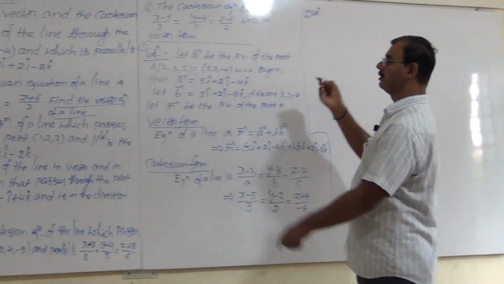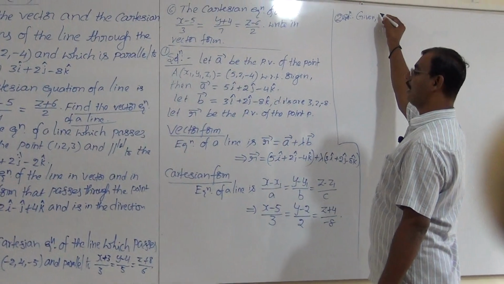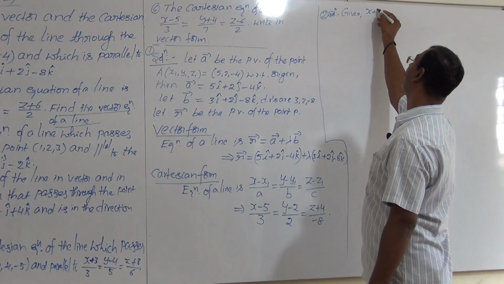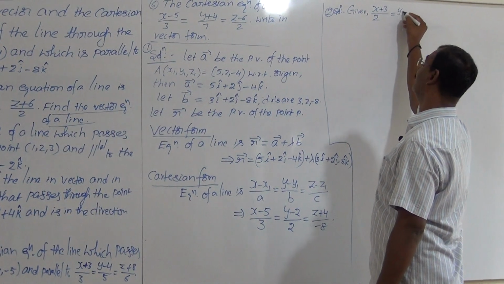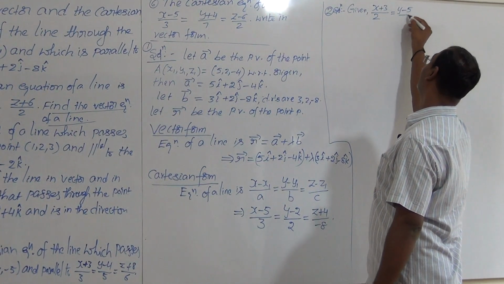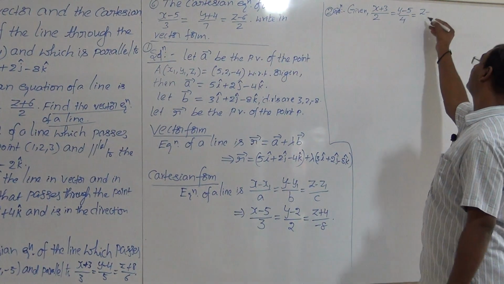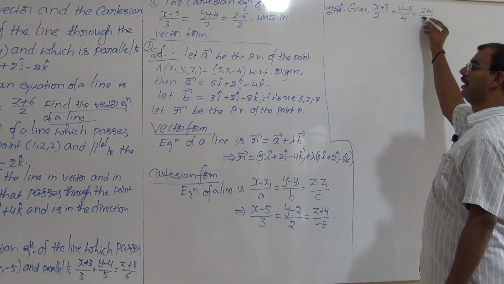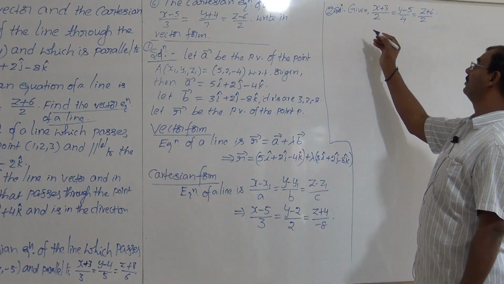Observe the given line: (x plus 3) divided by 2 is equal to (y minus 5) divided by 4 is equal to (z plus 6) divided by 2. This is the equation of a line in Cartesian form.